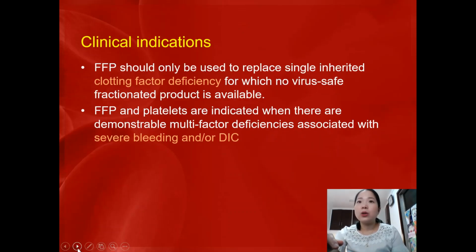Usually, you give FFP in order to replace a single inherited clotting factor deficiency. You can also give FFP in a bleeding patient who has disseminated intravascular coagulation.